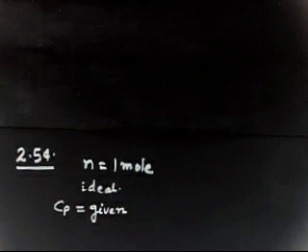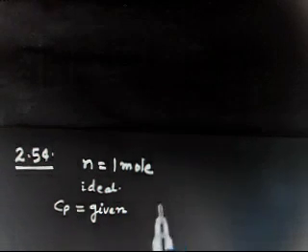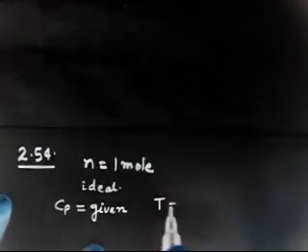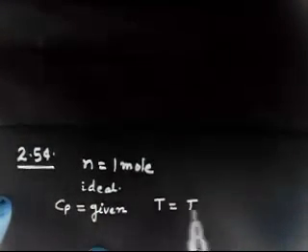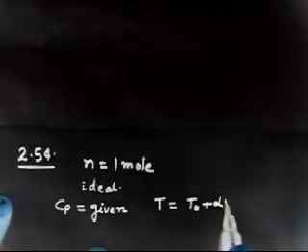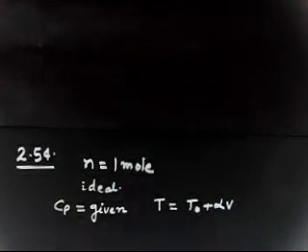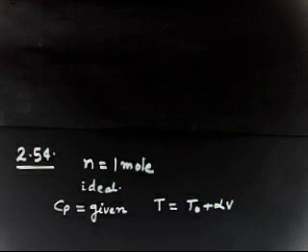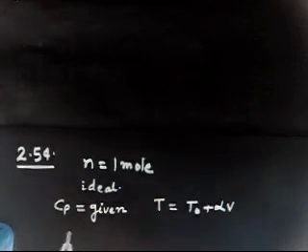It goes through a process, and the equation of the process is given: T is equal to T naught plus alpha V, where T naught and alpha are constants.